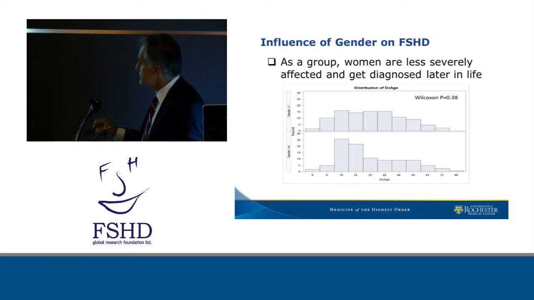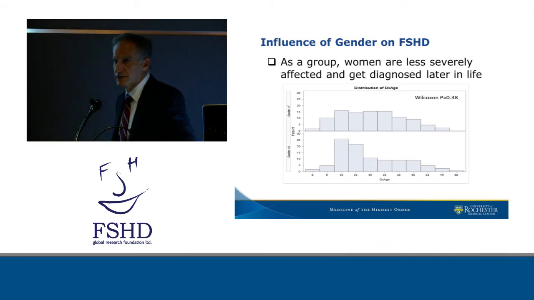And so again, let me show you some of the things that we now know about FSH muscular dystrophy. For many years, we said most patients are diagnosed in their late teens, early 20s, but really the spectrum of that is very wide, and it's very different between males and females.